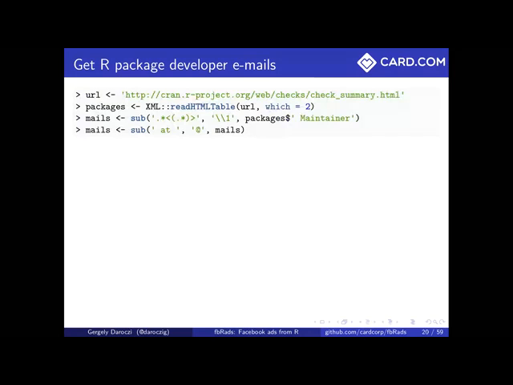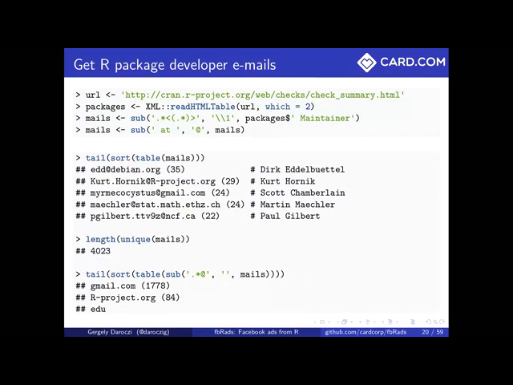So we can easily write an R script where I fetch this homepage, use the XML package to read this HTML table, grab the first column, apply a quick regular expression, and we have like 4,000 email addresses fetched from the internet in like 60 seconds. So I have 4,000 email addresses of R developers.